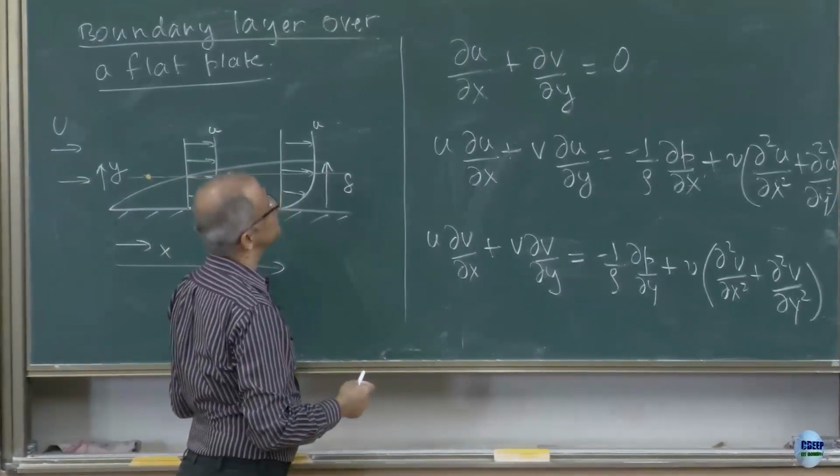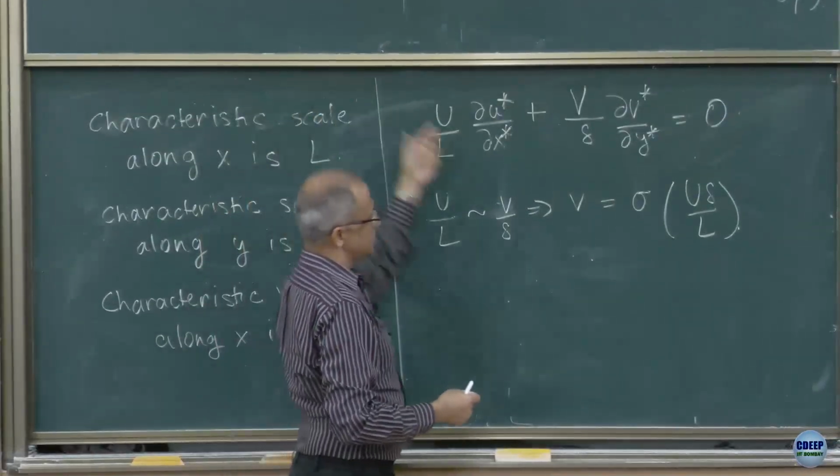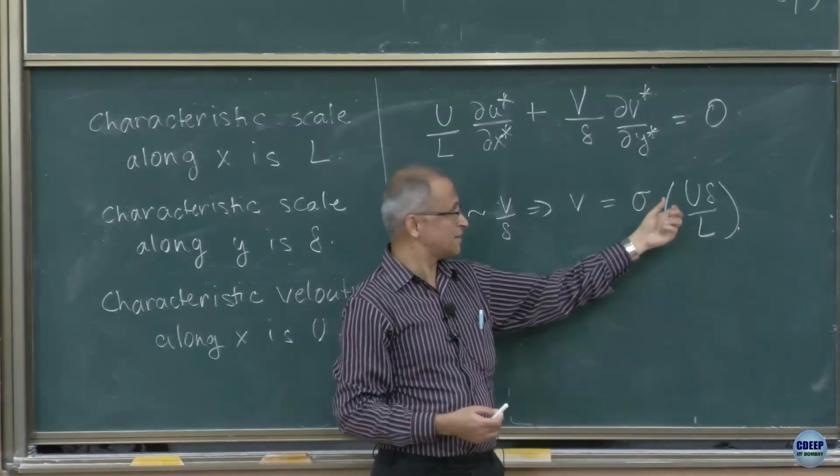Okay, so that means that velocity will always be outward in this case. V will be outward. But what we are also realizing is that V would have a very small magnitude. Okay, and how much is that?